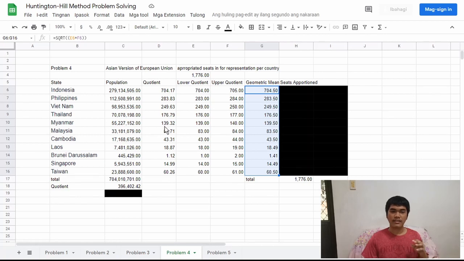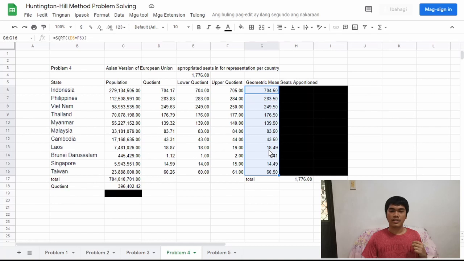Myanmar got 139.50. That is higher than the quotient. Malaysia got 83.50, which is lower than the quotient. So Cambodia got 43.50, which is higher than the quotient.